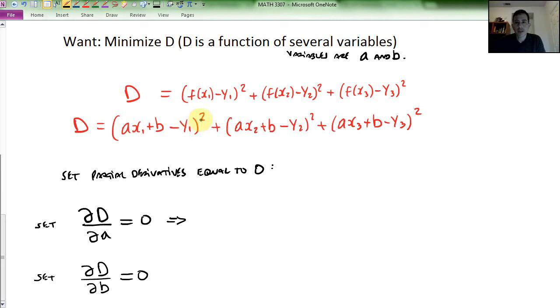Derivative of that expression, we bring the 2 down, and this would be ax1 plus b minus y1 times the derivative of what is inside.